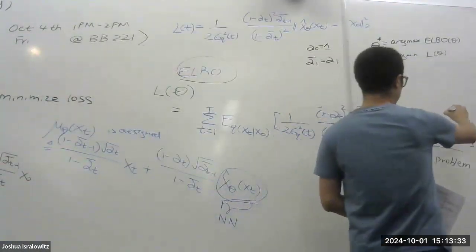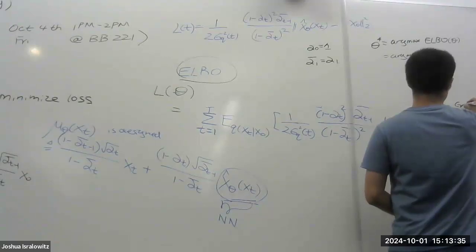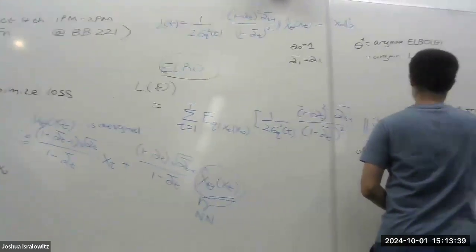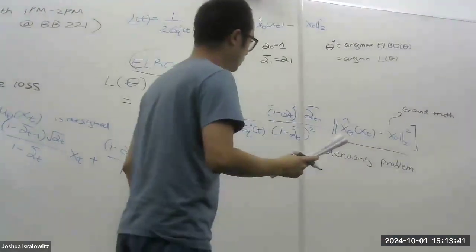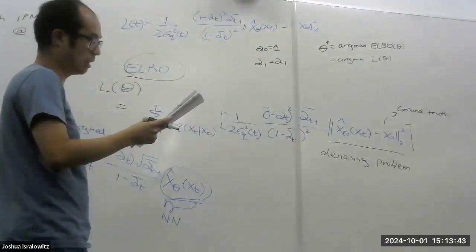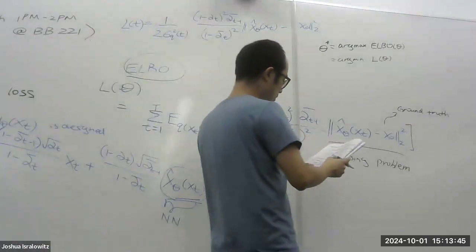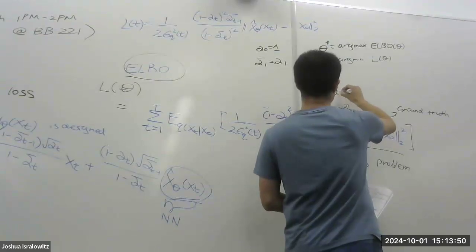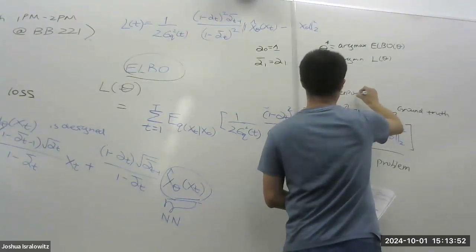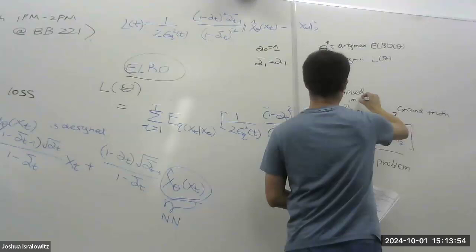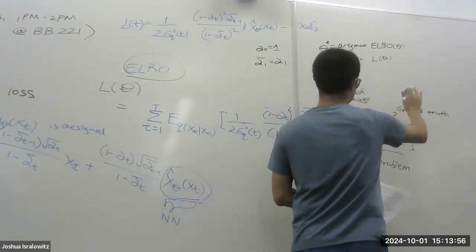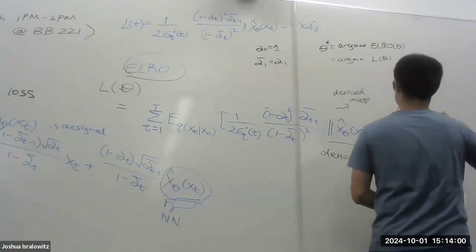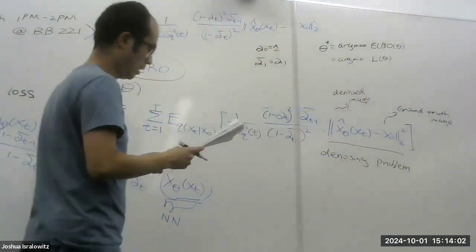So we have a ground truth of x0 here, and you want to train a neural network such that it can map from xt to x0. And xt here is the noisy image, versus the ground truth image.